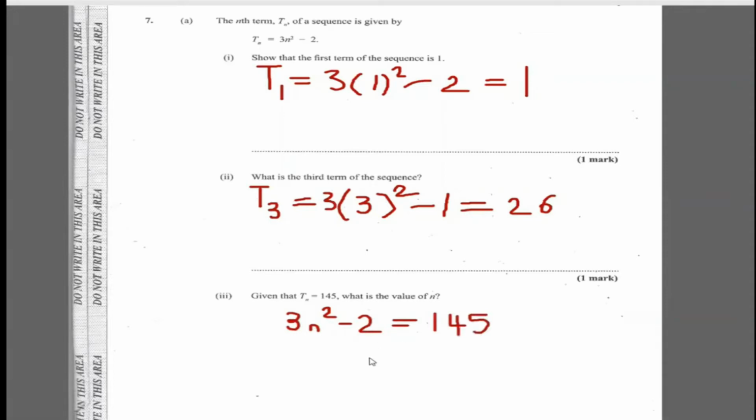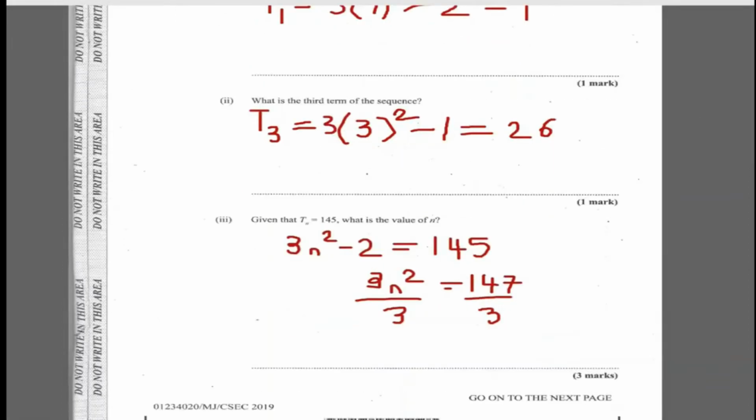So you add 2 to both sides to get 3n squared is equal to 147. Then you divide both sides by 3 to get n squared. 147 over 3 is 49. So n squared is equal to 49.